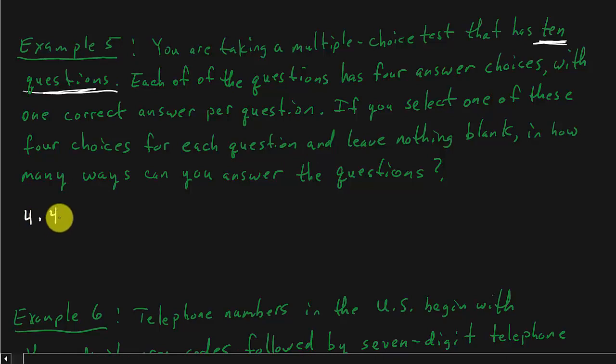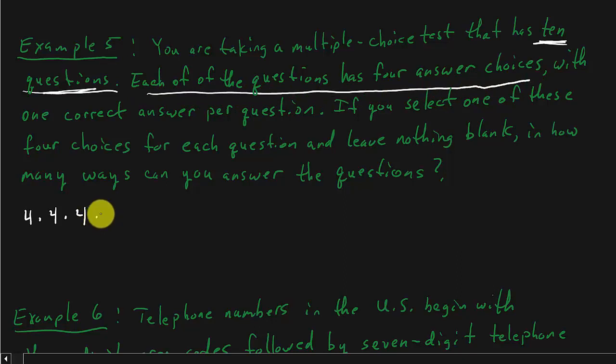Well, that's 4. Times, how many different ways can we answer question 3? 4 ways, okay? It says each question has 4 answer choices. And then how many different ways can we answer question 4? Well, that's 4. And you see how it's going?